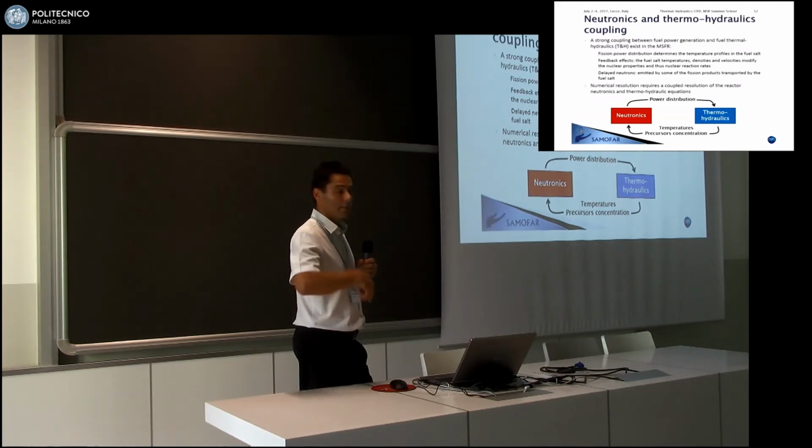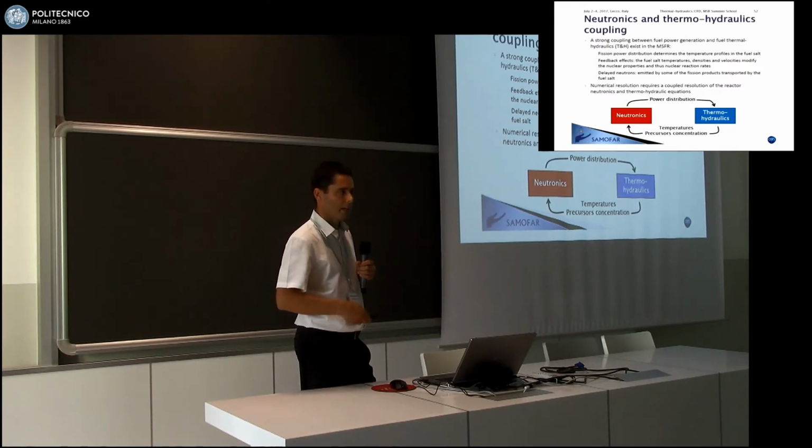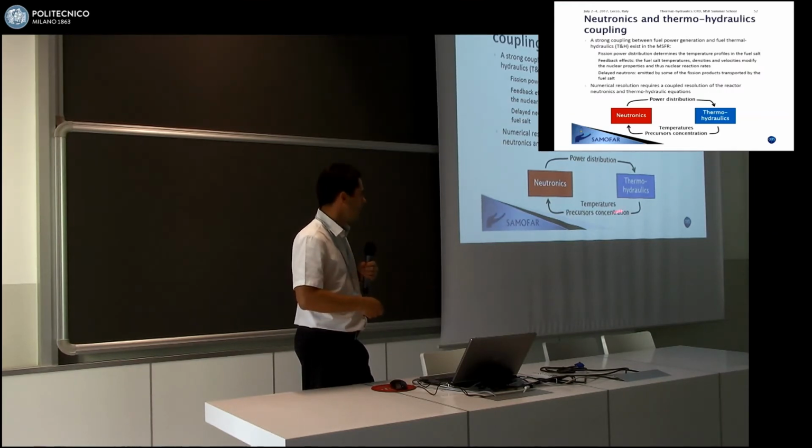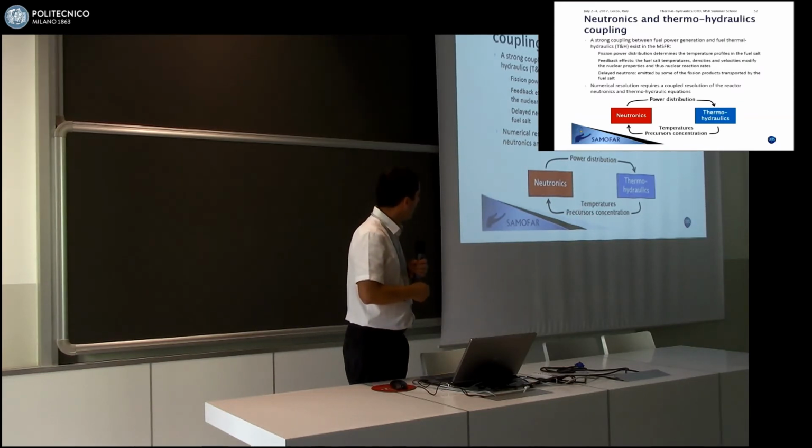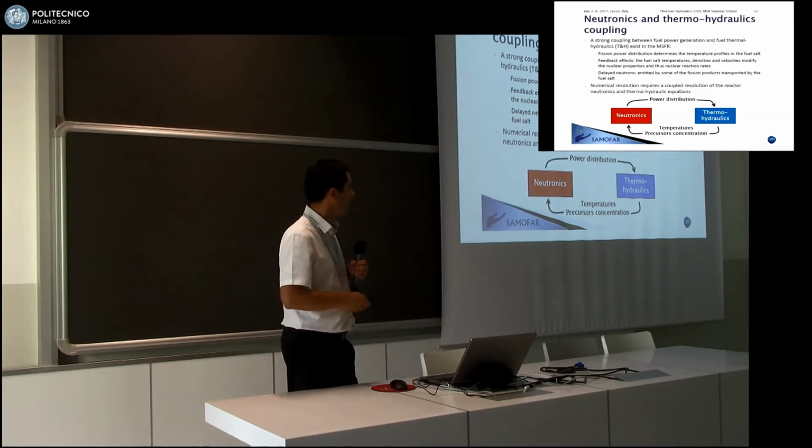Neutronics will tell you what's the power distribution in the reactor. Thermohydraulics will calculate the temperature profile and also the variation of concentration of precursors, and then it will tell the neutronic code what is the temperature profile and what is the concentration of precursors that it will use in the next iteration. So feedback effects, as we said this morning, are very important.